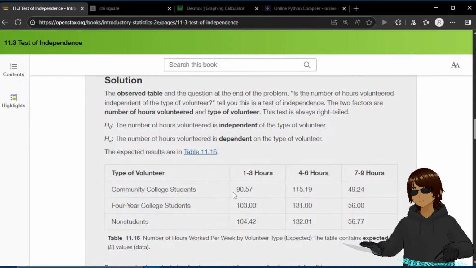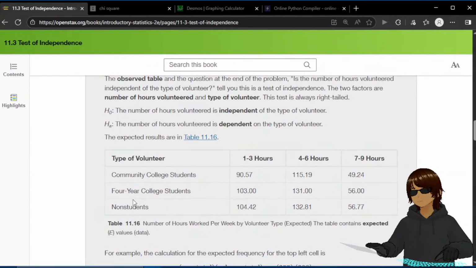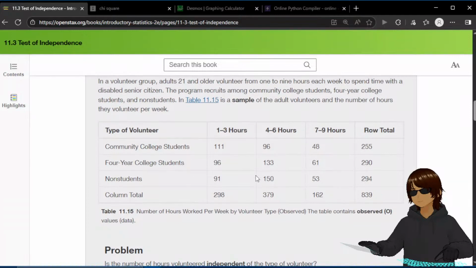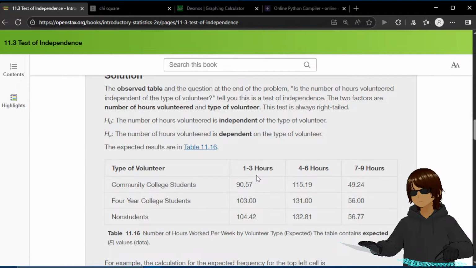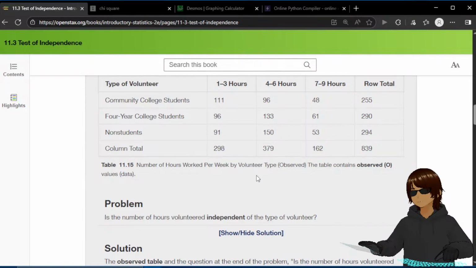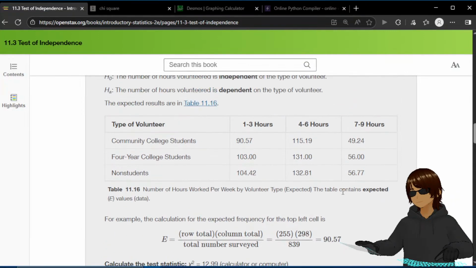How did we get the expected value? The table contains the expected values. How did we get this? 1 to 3 hours. The table contains expected values.